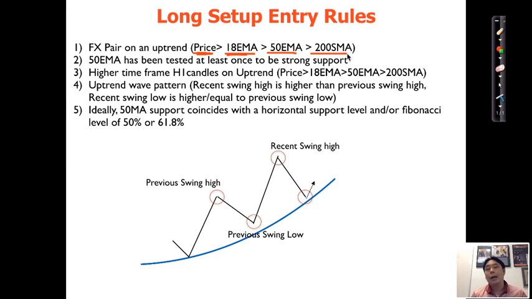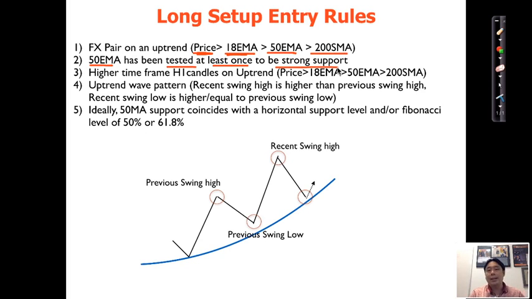Next, when do we buy? We buy when it bounces off the 50 moving average, the 50 EMA. But how can we be sure that the 50 EMA is going to be a strong support? Well, we want to ensure that the 50 EMA has been tested at least once to be a strong support.